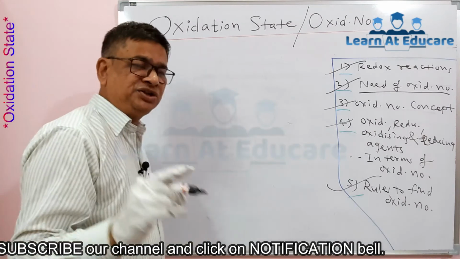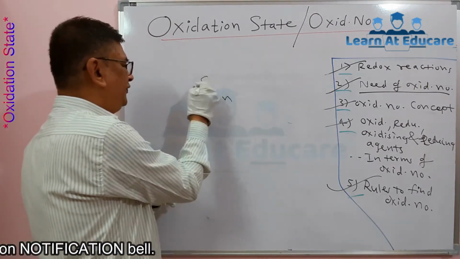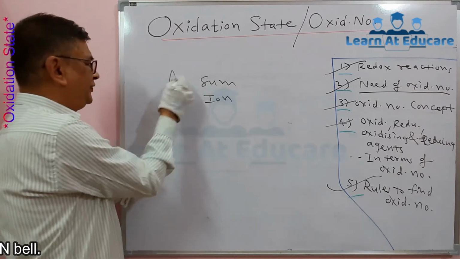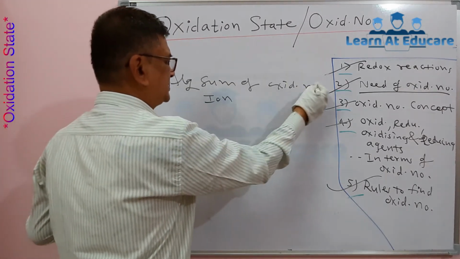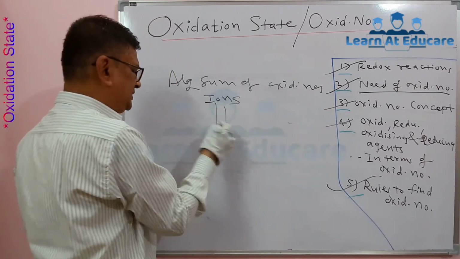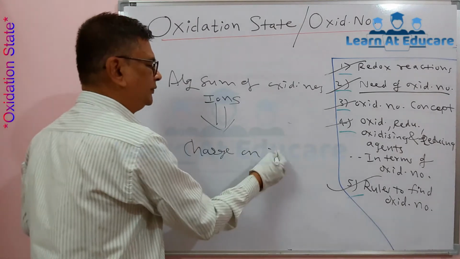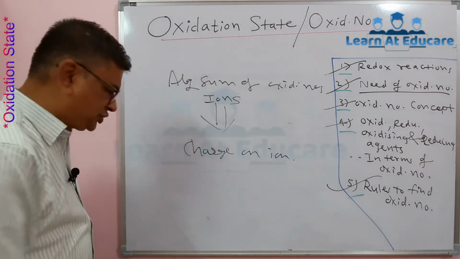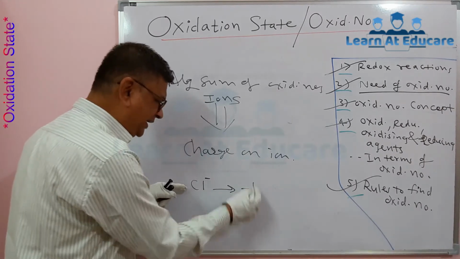But the algebraic sum of oxidation numbers in an ion is equal to the charge on the ion. For example, the oxidation number of chlorine in Cl minus is -1.